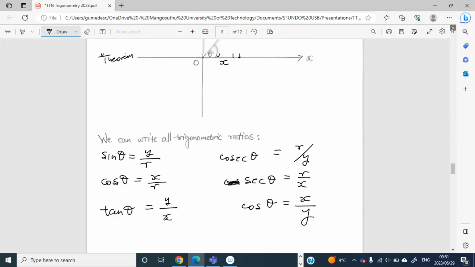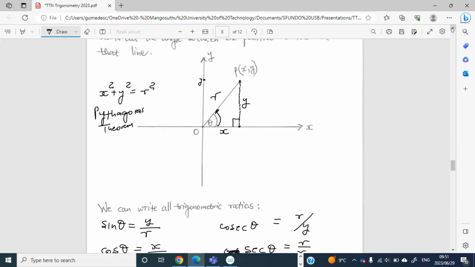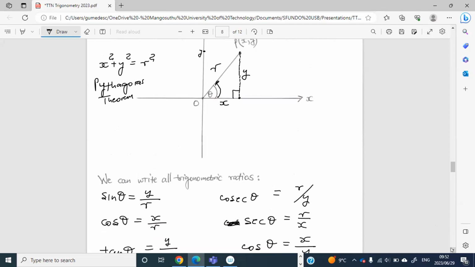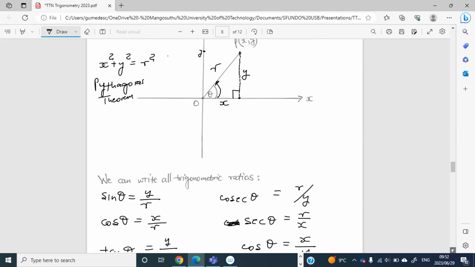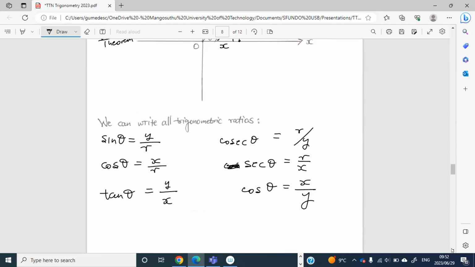So these are trigonometric ratios in a Cartesian plane if we choose a point in the first quadrant. These ratios may be positive or negative depending on which quadrant your point P is in. If our line was in this quadrant, you see that our x would have been negative. And if x was negative, the ratios that contain x, like cos theta, were going to be negative, and also tan theta was going to be negative.